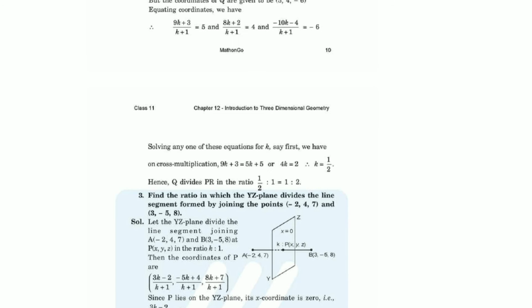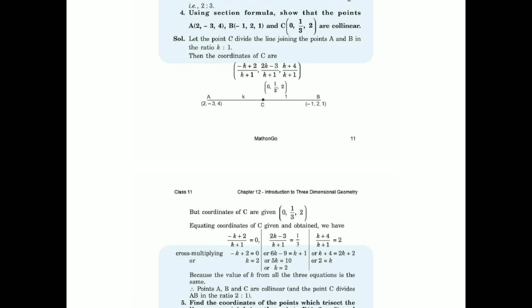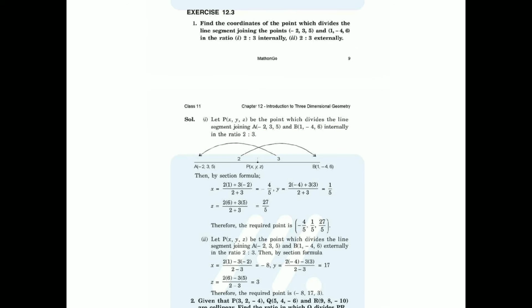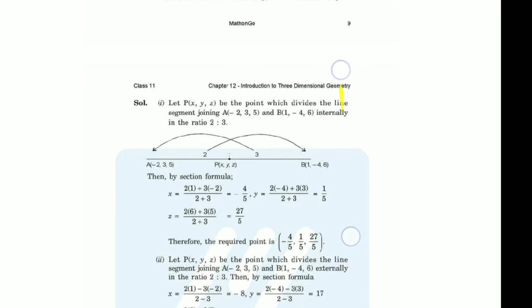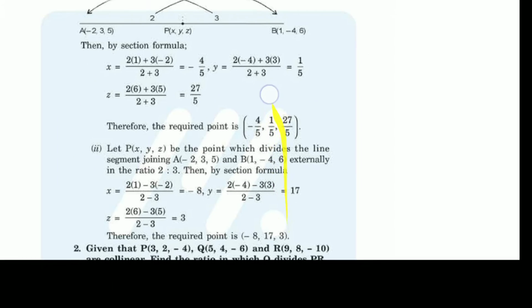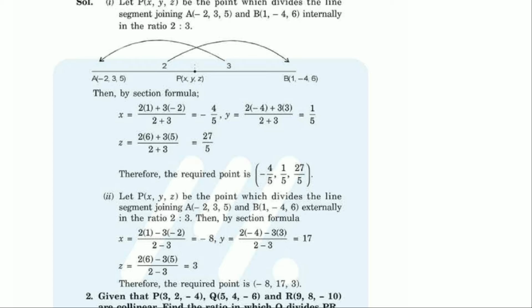wait, let me just go to that previous slide. Yes, if you observe what is done in number 2, in the numerator and in the denominator, the plus sign has been replaced by a minus sign.